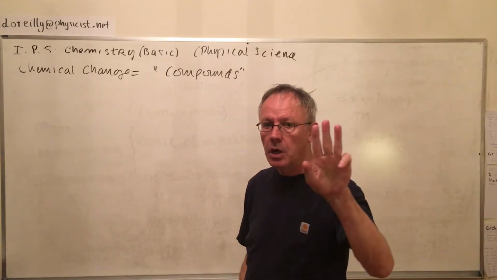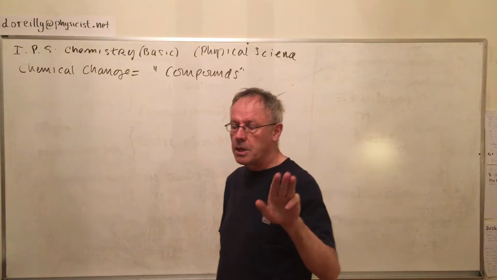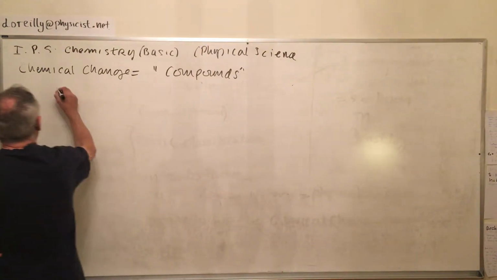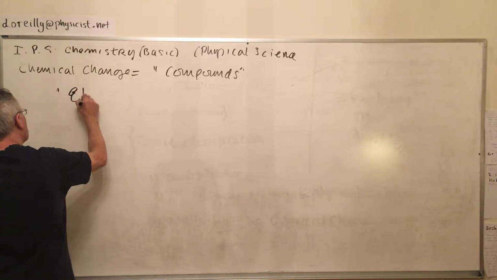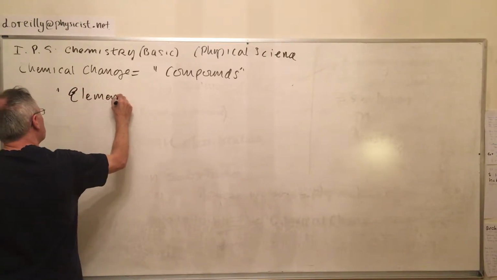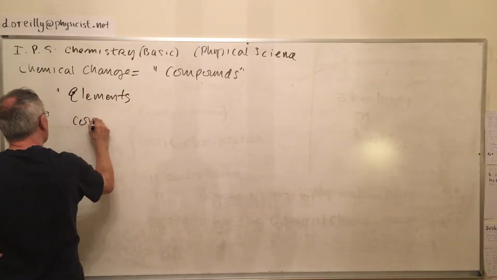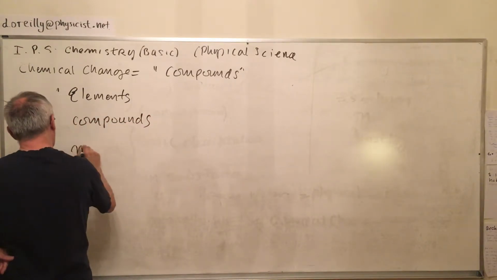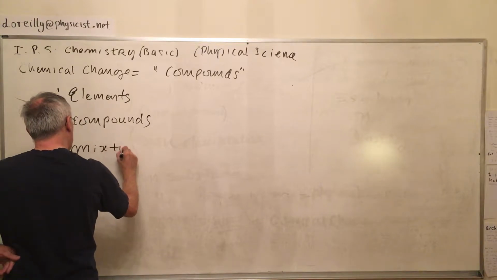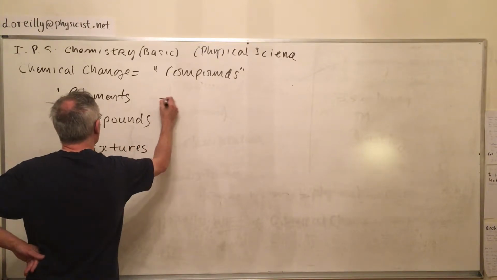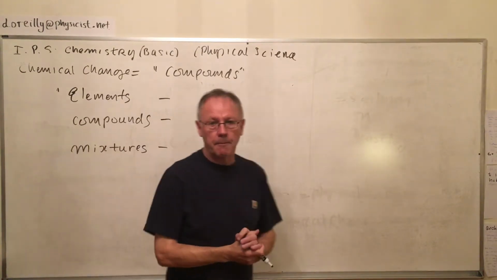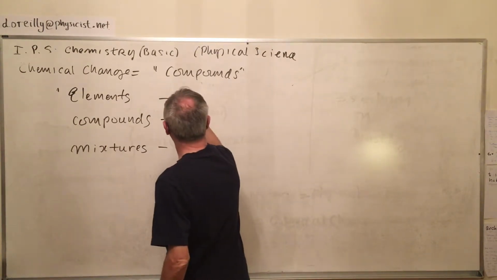But what do we have? In essence, in nature, we only have three different kinds of substances. Now, an element, whatever it is, in a minute, is a pure substance.